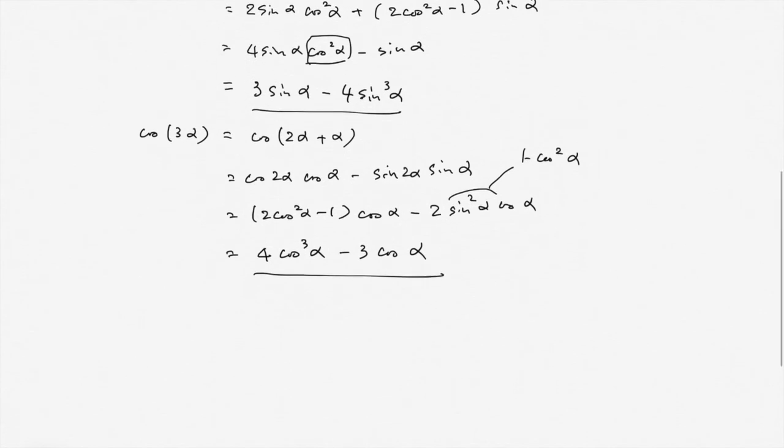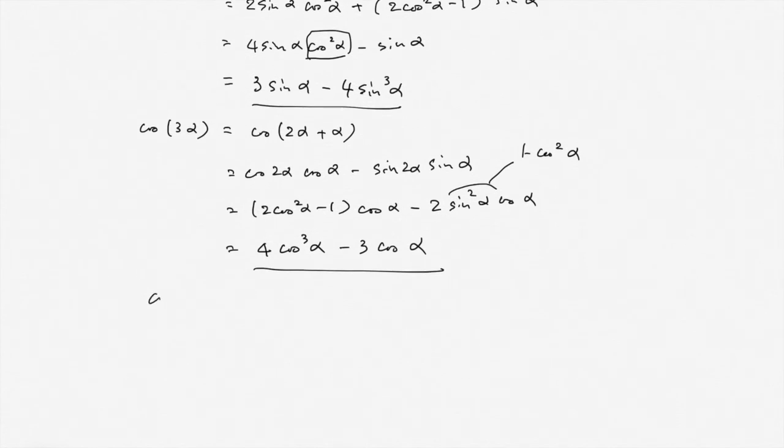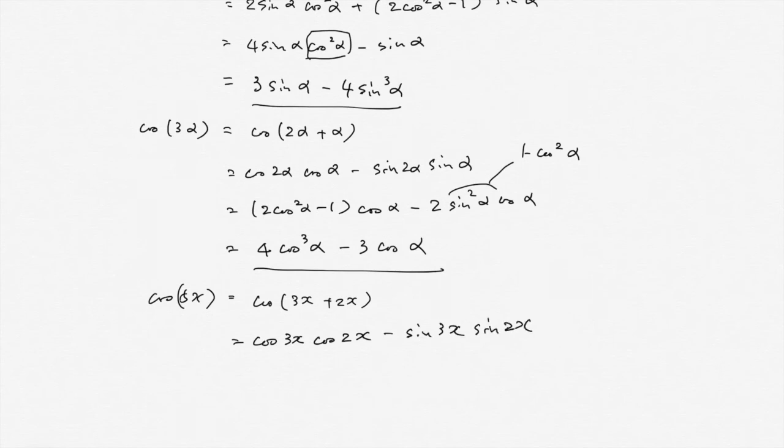Then the question is cosine 5x. So again, we can use addition formulas for the cosine. 3x plus 2x: cosine 3x cosine 2x minus sine 3x sine 2x.